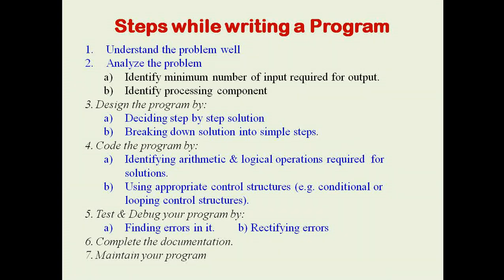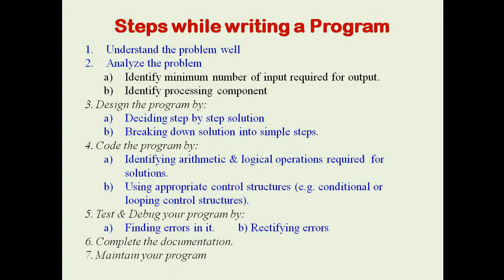Sometimes we have to identify the step by step solution for a particular given problem. Sometimes these steps are too long, so we can divide or break our solution into simple steps.